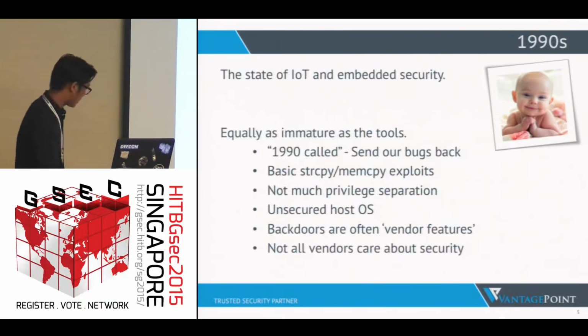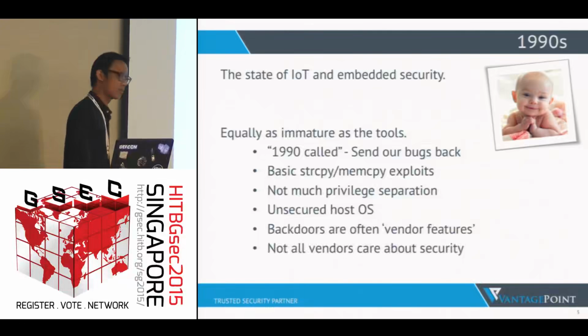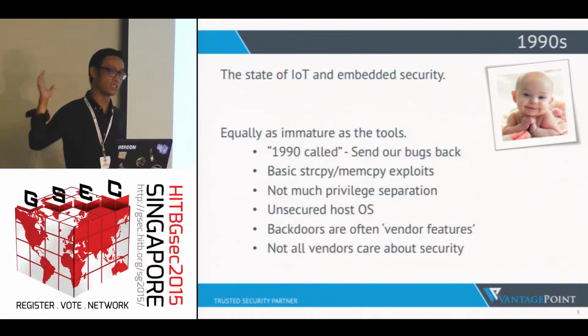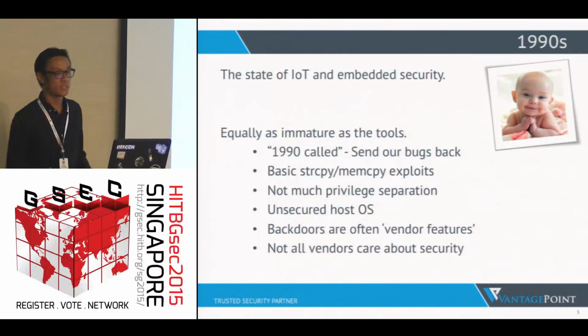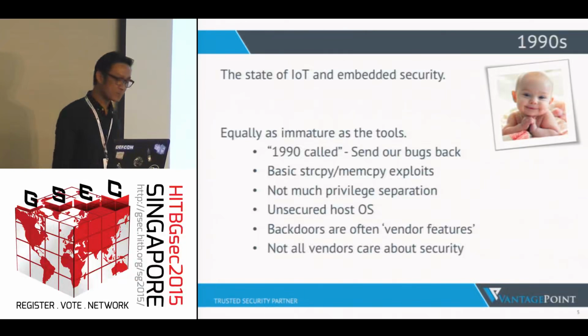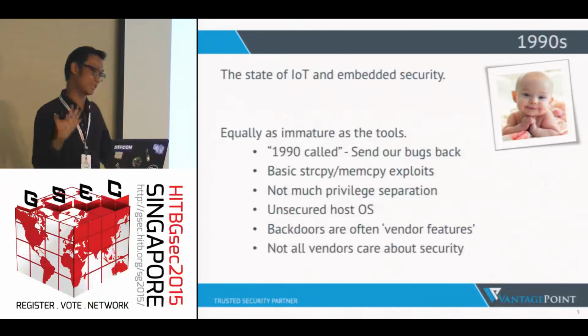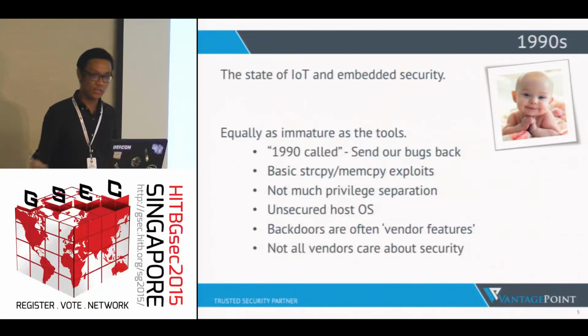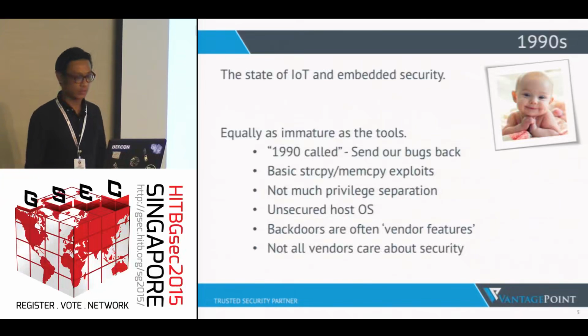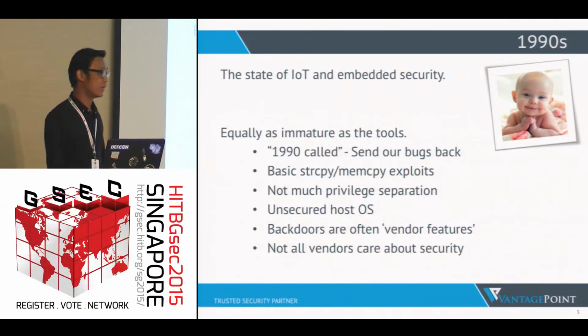The current state of IoT is still kind of bad. It's like back to the 1990s, where you get all these ridiculous shells you can pop, and there really isn't much privilege separation. Vendors include backdoors, and it's almost like they really do not care about security.